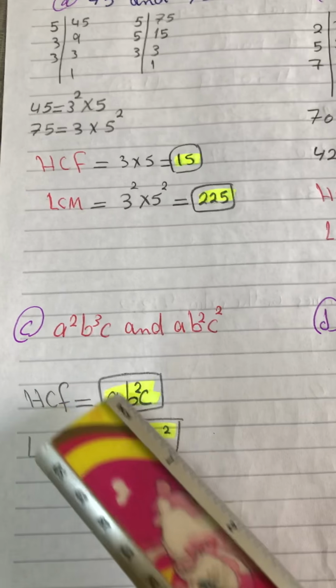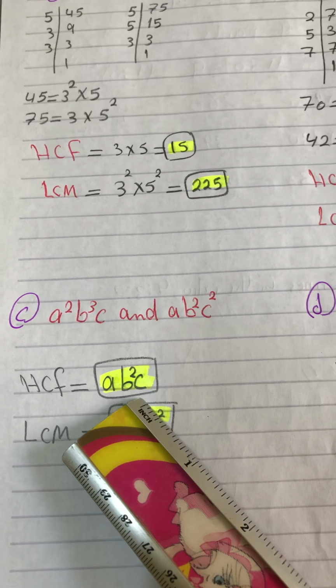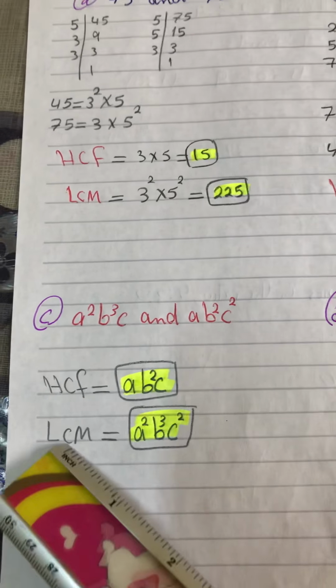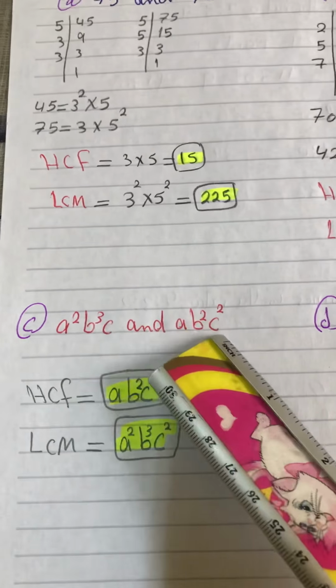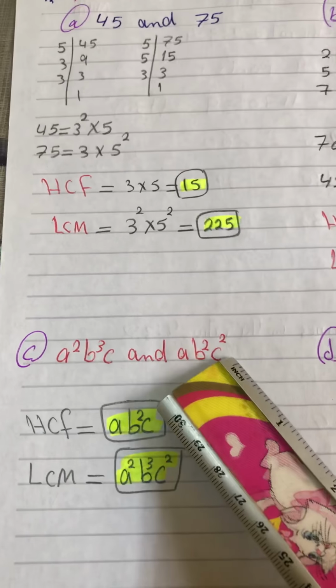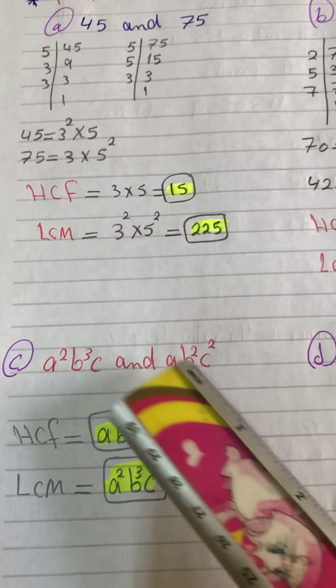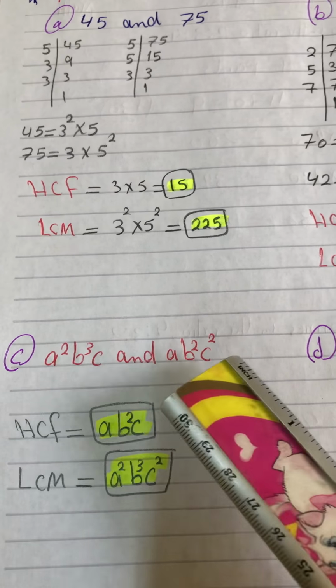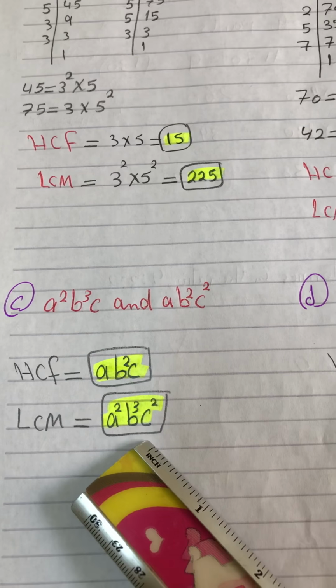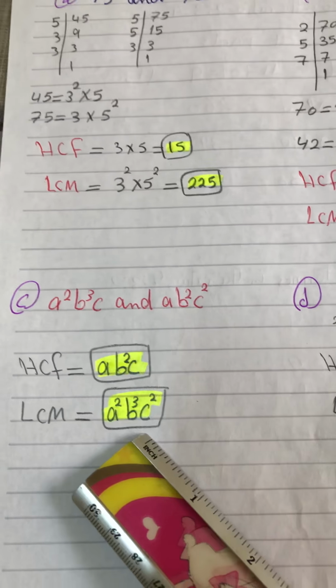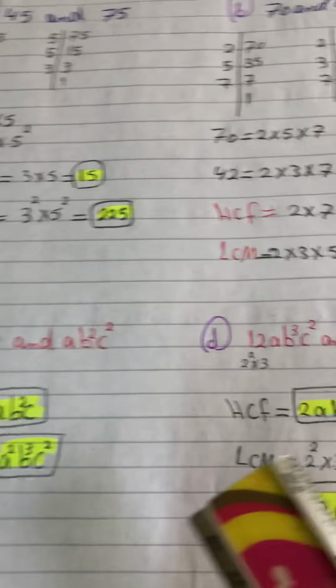So just C. So the HCF will be A B square C. And the least common multiple, I'll take all the factors. So I'll take A, B, C with the highest power. Which A I'll take? Power 2. Which B I'll take? Power 3. Which C I'll take? Power 2. So the least common multiple will be A square, B cubed, C square.